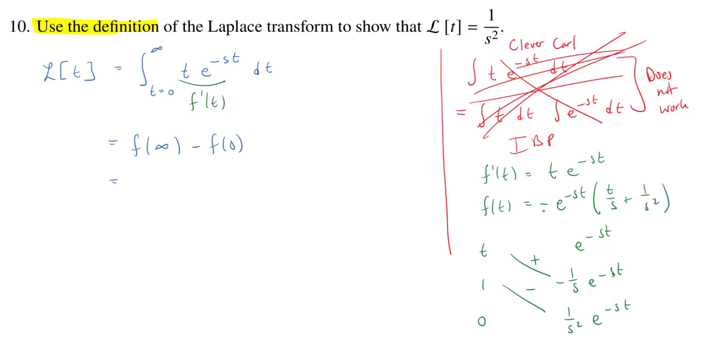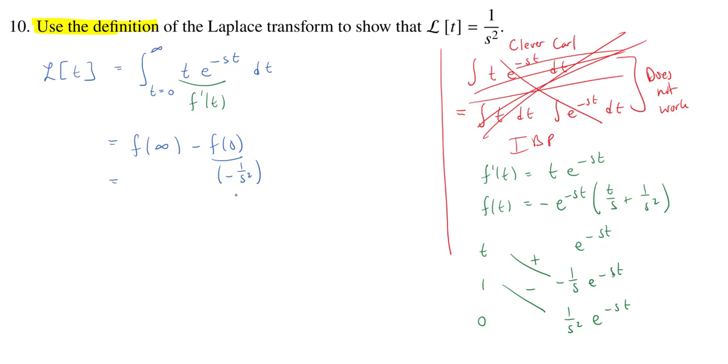There's a minus right there, so it's a minus 1. This t becomes a 0, so that term goes away, and I just get a 1 over s squared. So I'll have minus 1 times 1 over s squared. So f of 0 is going to be minus 1 over s squared.